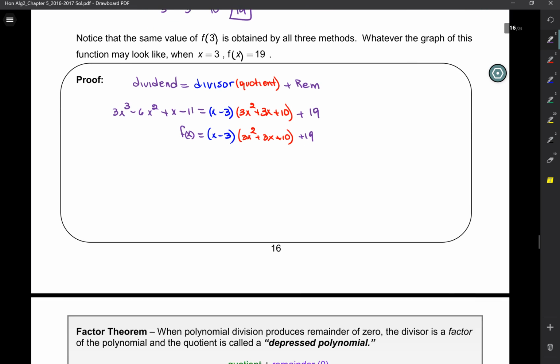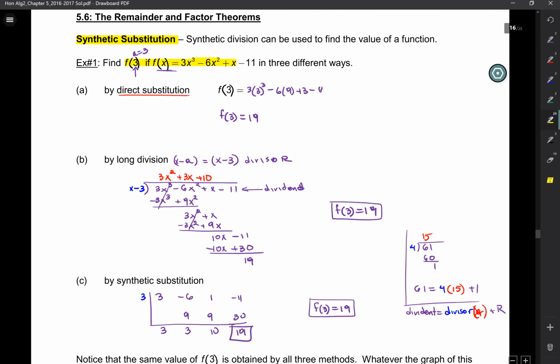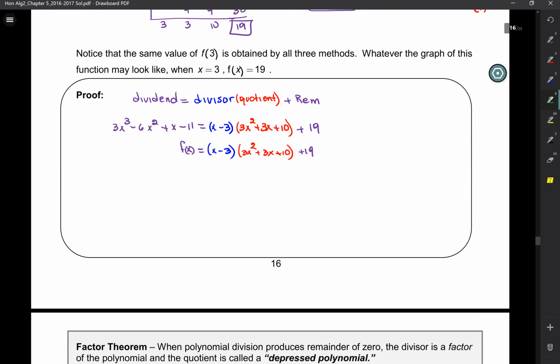Now, remember how I also said in the very beginning when I needed to find f of 3, that 3 is like your a value, and x minus 3 is really like x minus a, right? So suppose now I want to find f of a. Not just f of 3, but just f of a, f of any old number, okay? Well, that's going to equal to what?